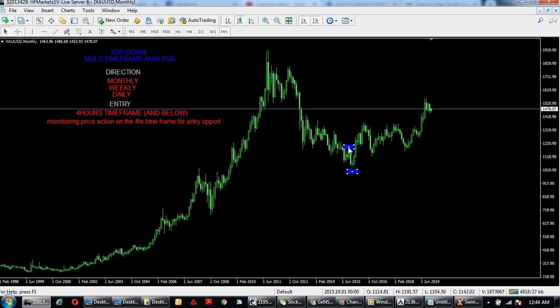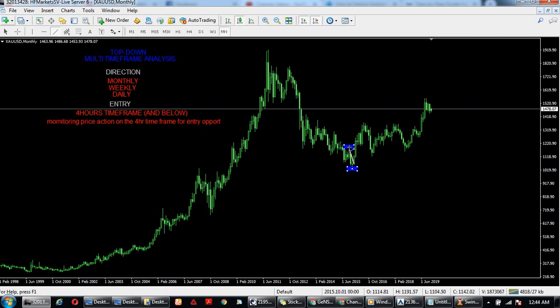So at this point, as long as price keeps trading below this point, we are very much still in a downtrend. But then after price made the most recent swing low, the most recent lower low, we can now see price came back upwards, and then price takes out the most recent lower high.